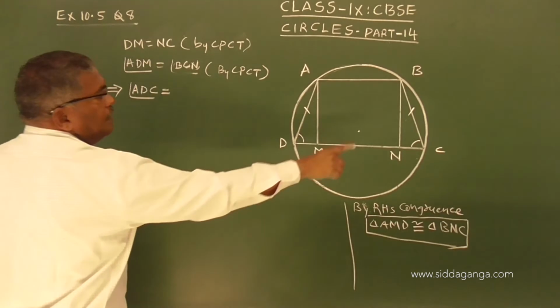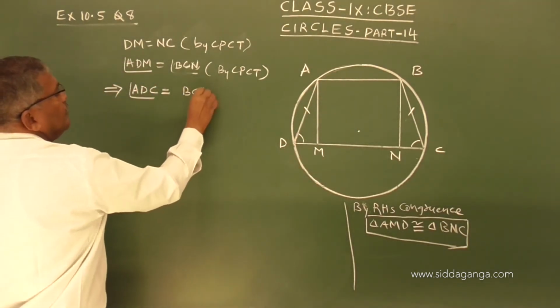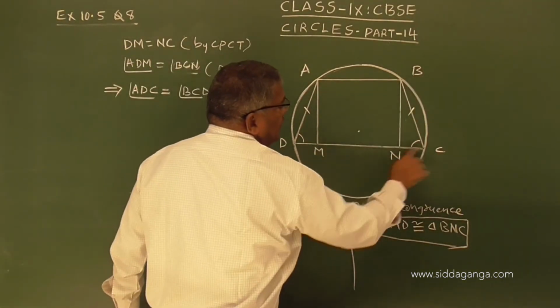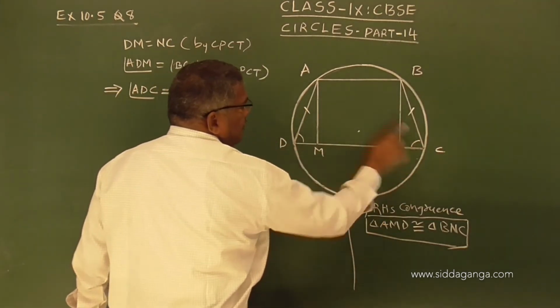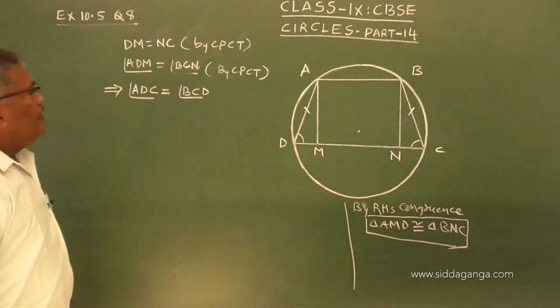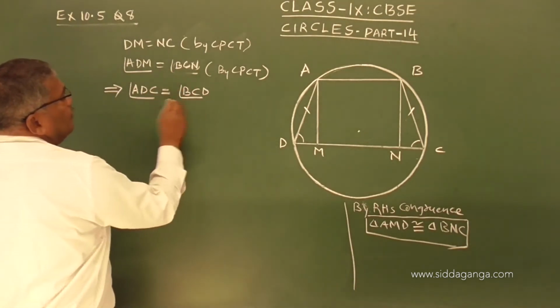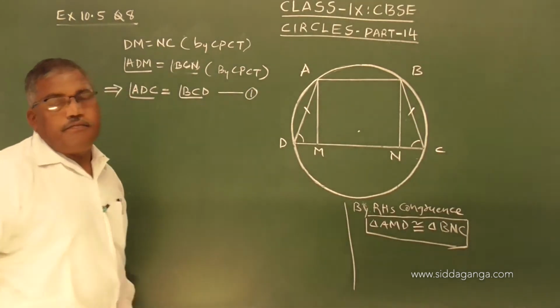So, BCN is same as BCD. If we call BCN, this is the angle. If we call BCD, the same angle. So from this we have come to this. Let us call this as equation 1.